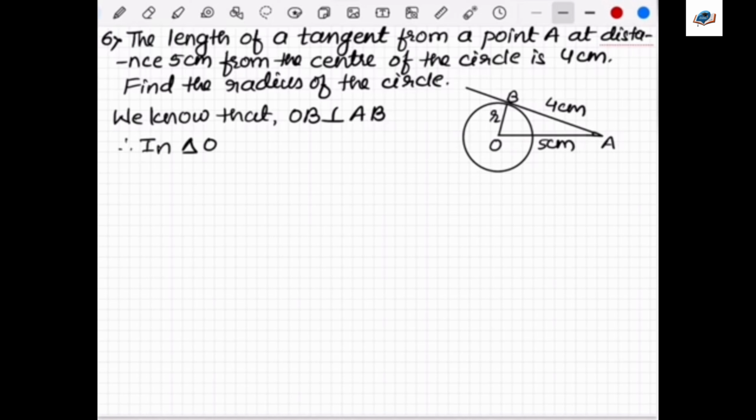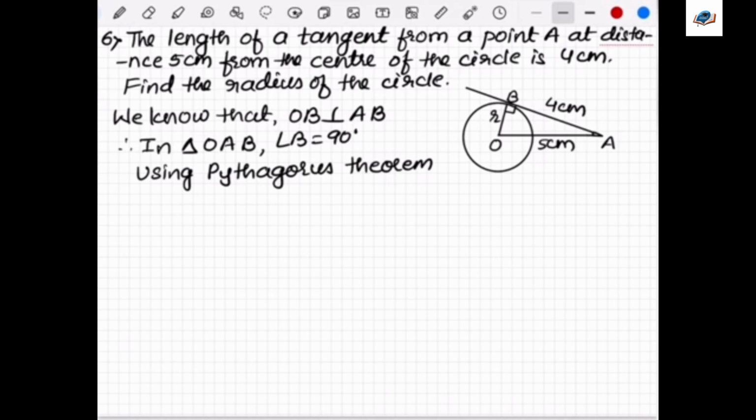Now I got angle B equal to 90 degree, so using Pythagoras theorem, OB square plus BA square will be equal to AO square. So OB I don't know, so I am taking it as R square plus BA. BA is 4, so 4 square equal to OA, that is 5 square.